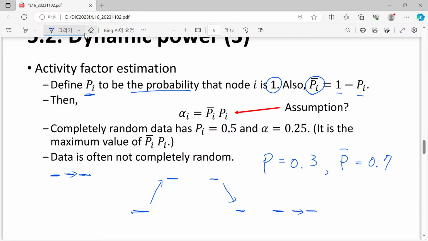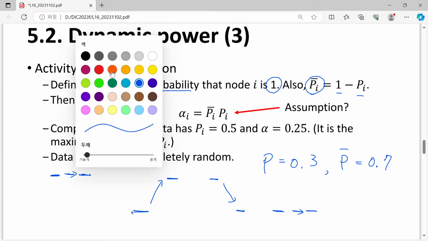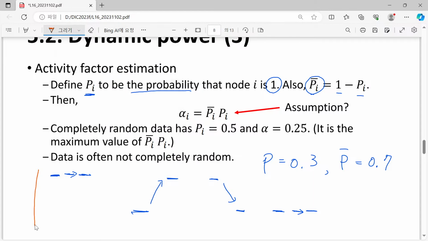So please understand, I just made crude graphs, but let's say that this is time, and this is a previous time instance, and this is a new time instance, and this is a logical value.